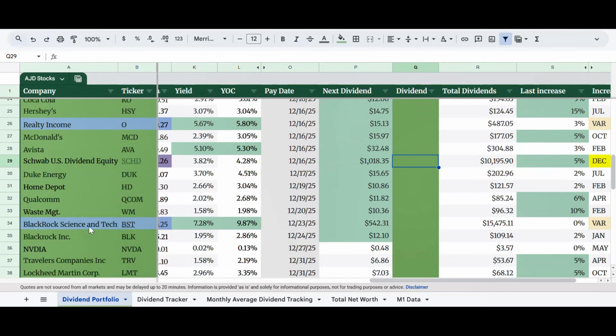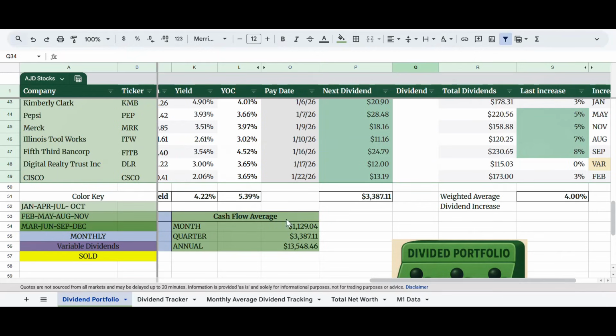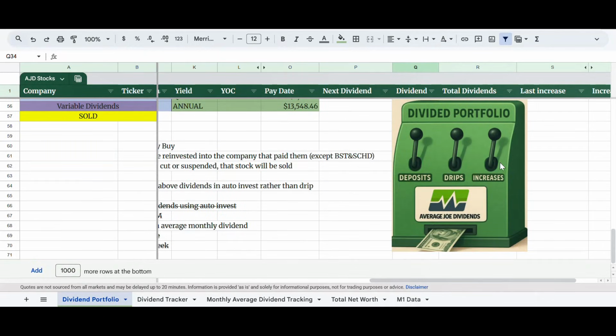And then, of course, BST comes in like a hammer too. It's going to be 542-ish on that one too, and it's just going to really increase the cash flow average. So you can see really with the increases, that lever was really pulled hard today with SCHD and Amgen.